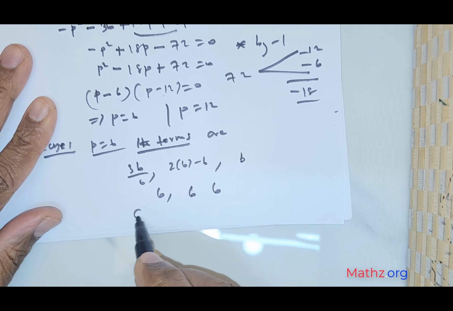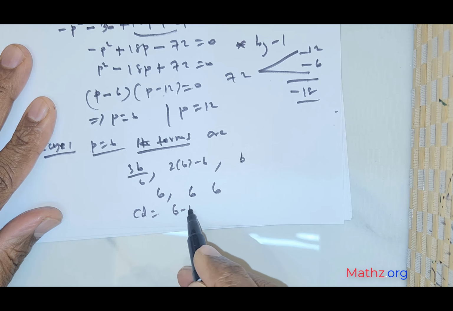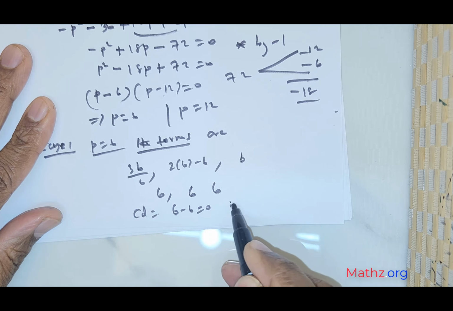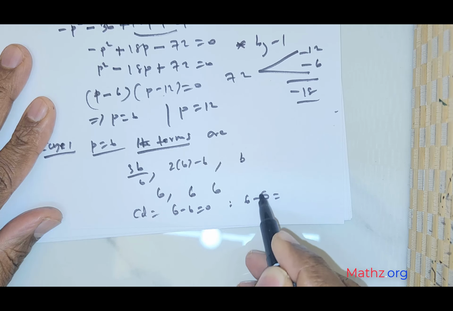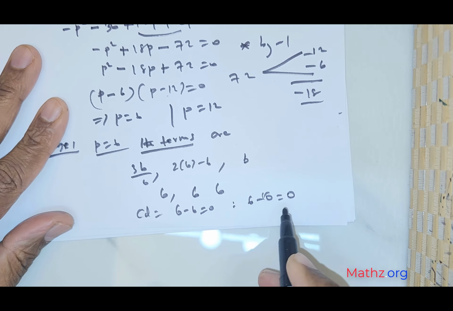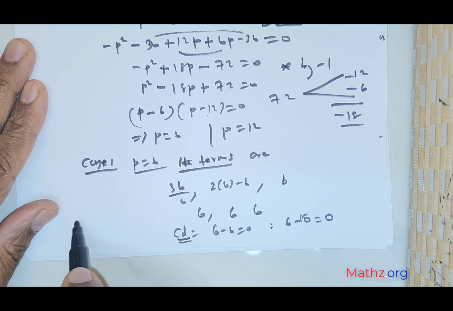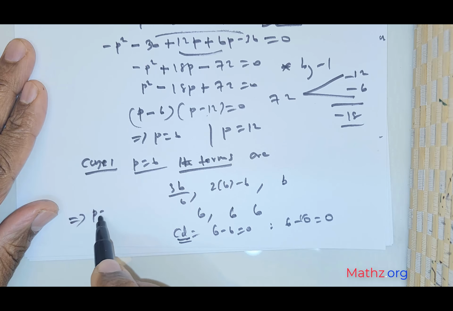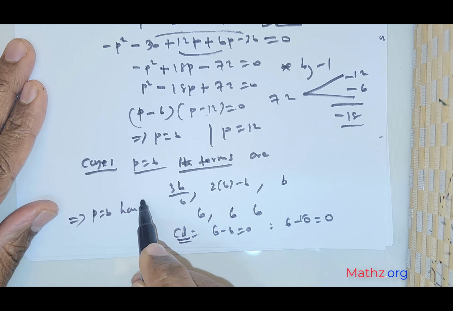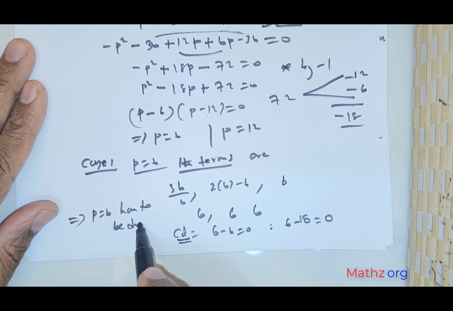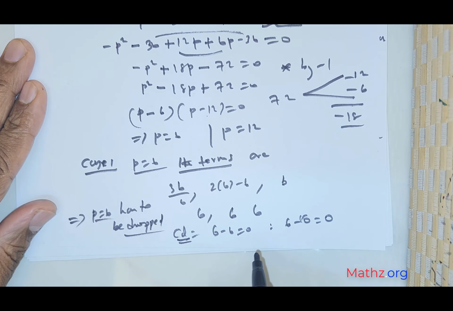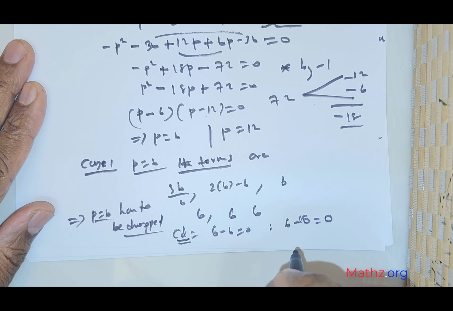Now you find the common difference. 6 minus 6 is 0, and again 6 minus 6 is equal to 0. So the common difference is actually 0. So this in turn would mean p is equal to 6 has to be dropped. It cannot satisfy our requirement.